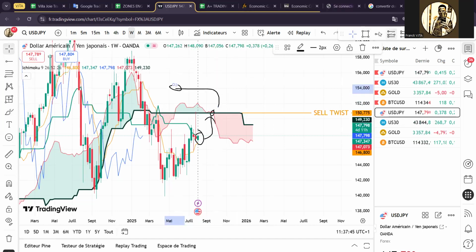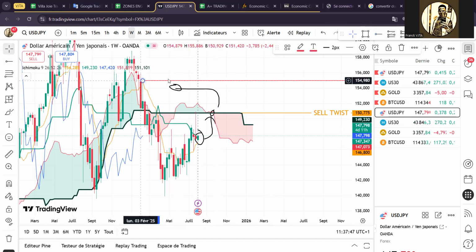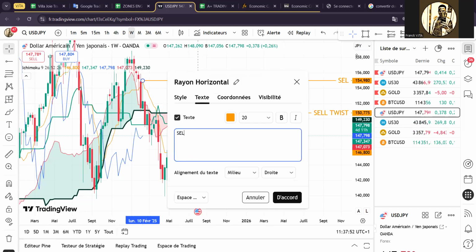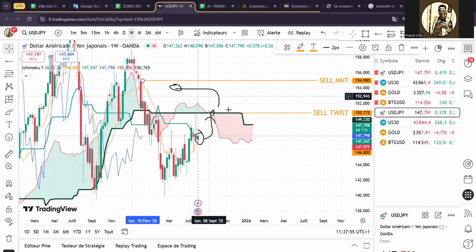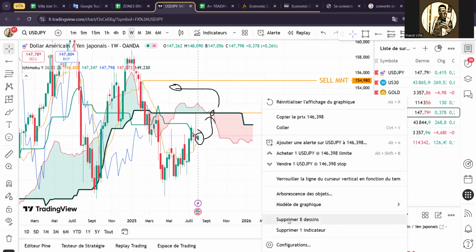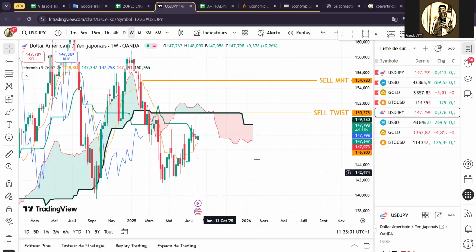So when I identify this Tenkan mountain here, I use the weekly line and call it sell MNT, for sell mountain, it is a zone. Then I lock it, then I right click on the chart and erase the drawings. And then I have it like this.